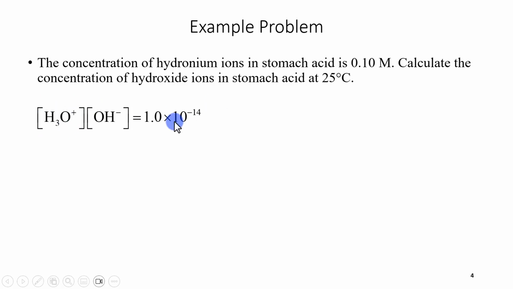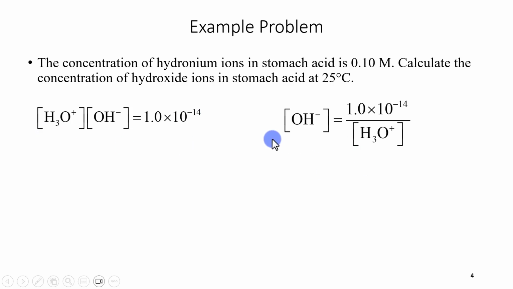Whatever I do to the left side, I have to do to the right-hand side. So H3O plus times OH minus divided by H3O plus, H3O plus falls out on the left-hand side, is equal to 1 times 10 to the minus 14 divided by H3O plus. So this is how I rearrange this equation to isolate OH minus.